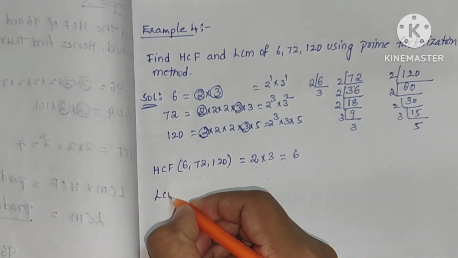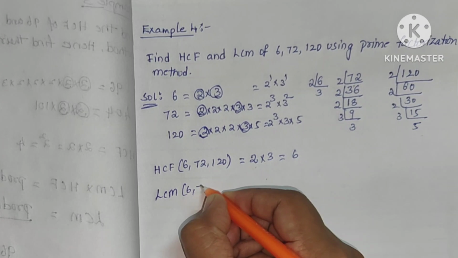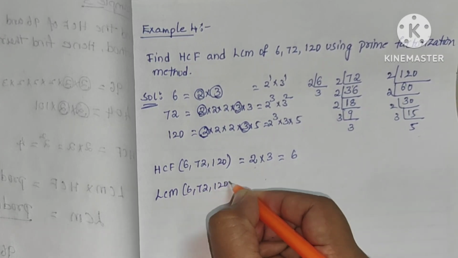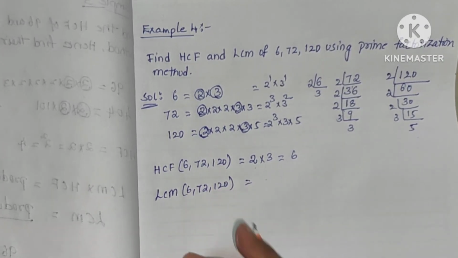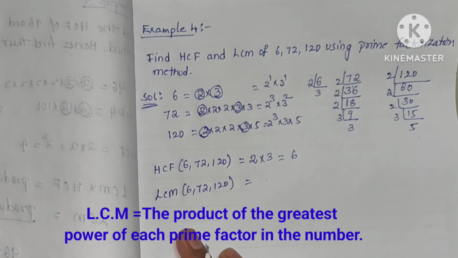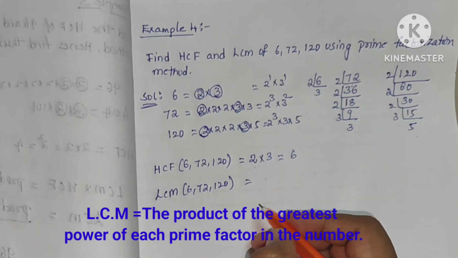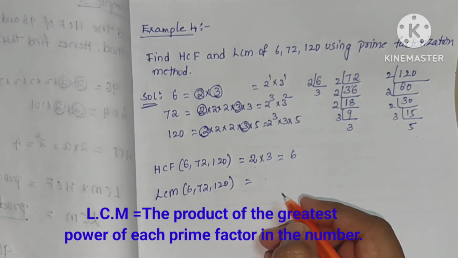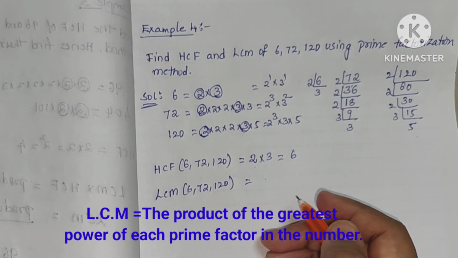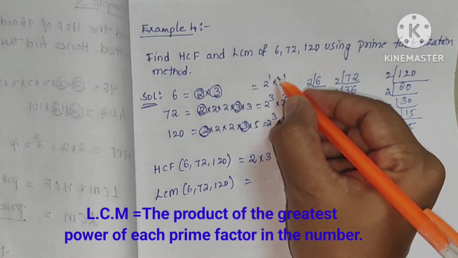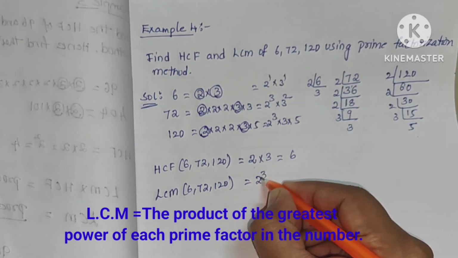And next, LCM of 6, 72, 120. LCM means least common multiple. So in the opposite way, product of the greatest power of each prime factor involved. Greatest power of each prime factor involved. There is no need for it to be common. So the greatest power of 2 is 2 cube.